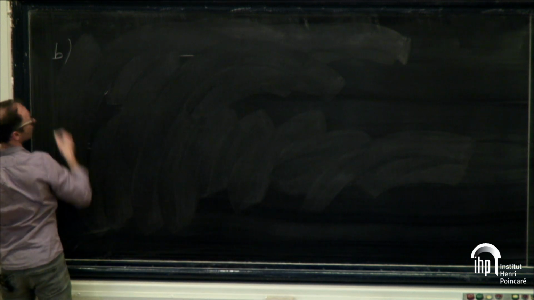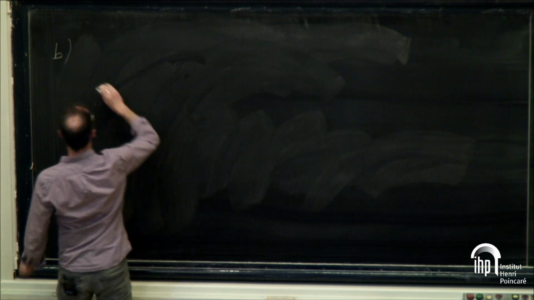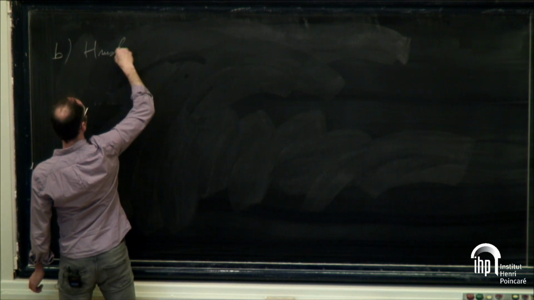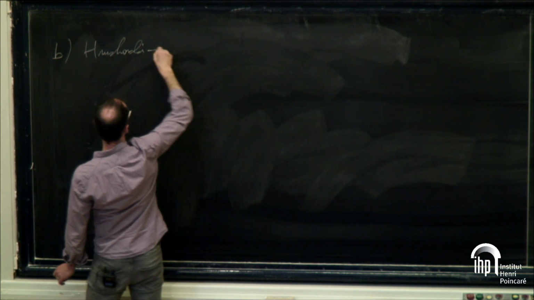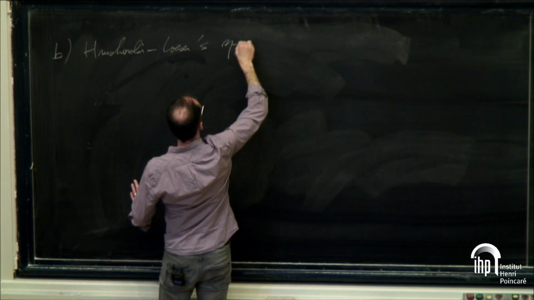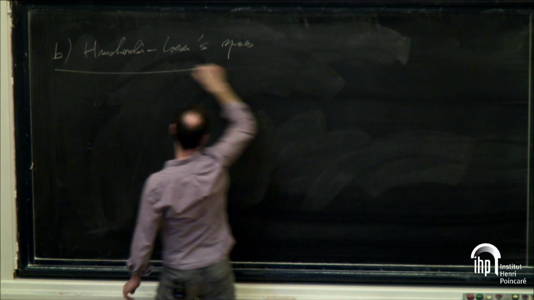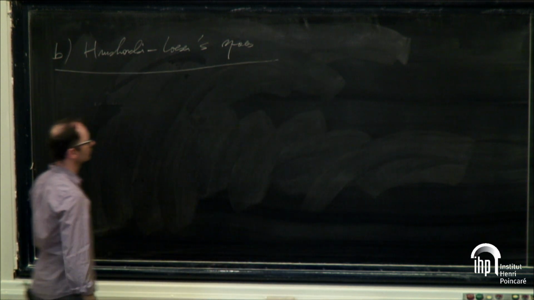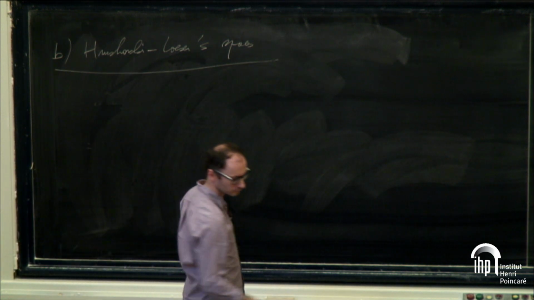Part B should be the model-theoretic version, so Hrushovski-Loeser's spaces. And I'm going to be very brief on them.